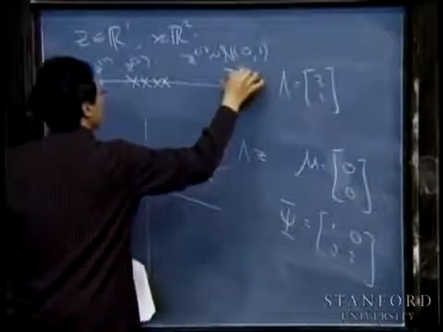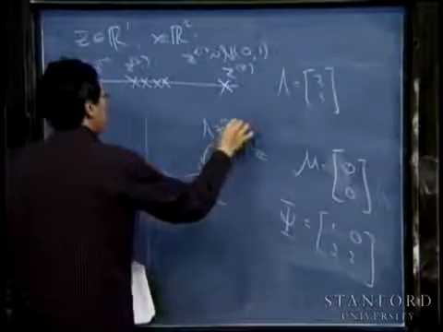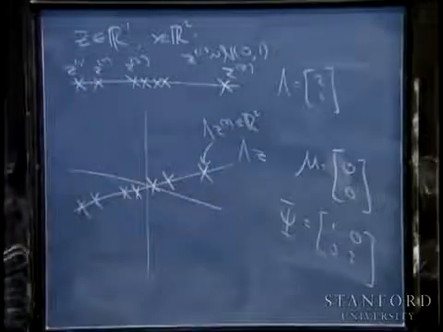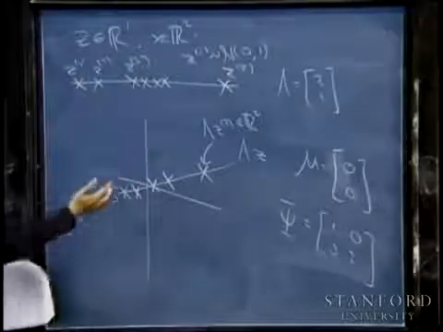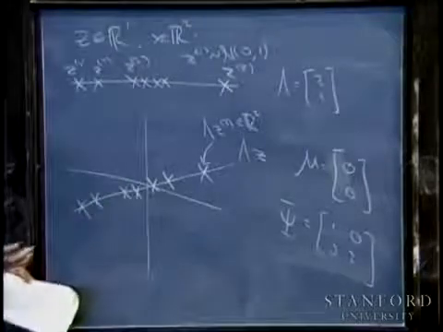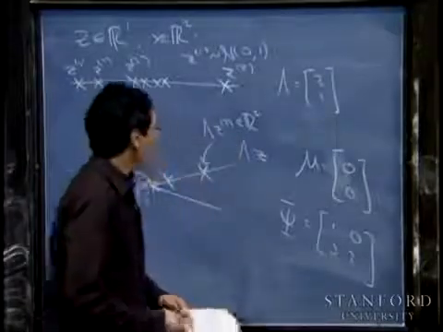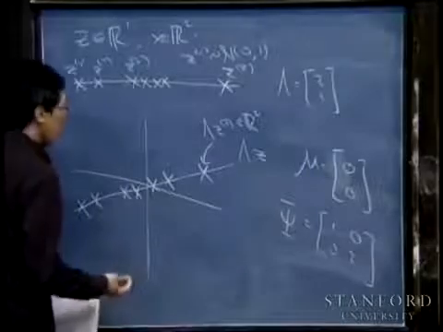So if this was z7, then this point here would be lambda times z7. And that's a number in R2, because lambda is a 2 by 1 matrix. So what I've drawn here is a typical sample for lambda times z.